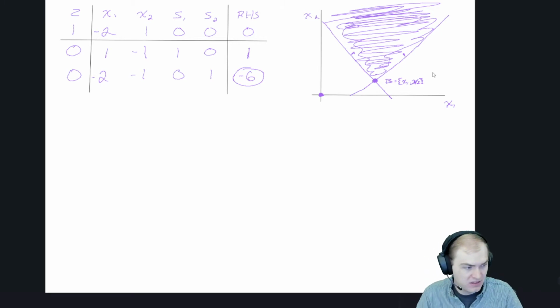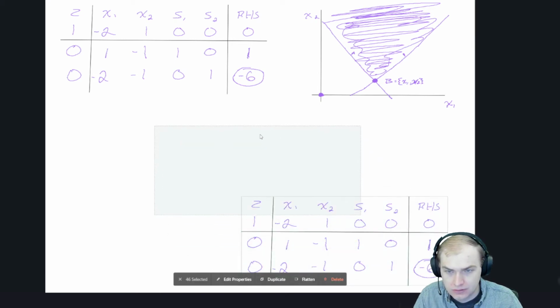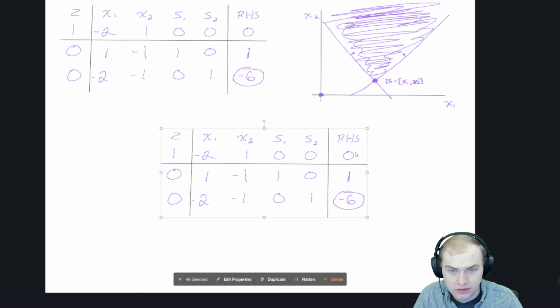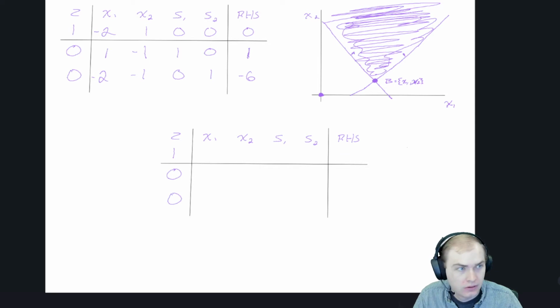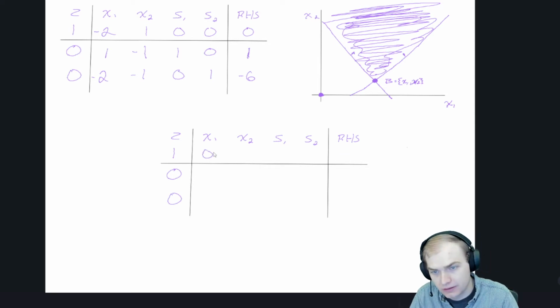So we're just going to pivot into that basis straight out of where we are right now. So that means we want to manipulate our top tableau to look like this.